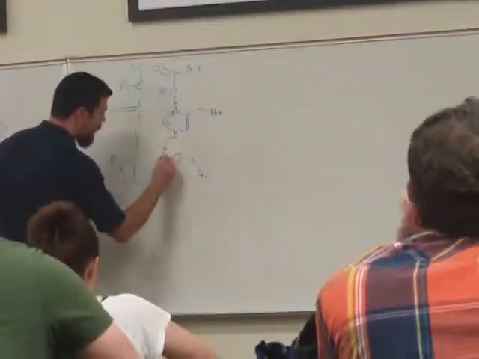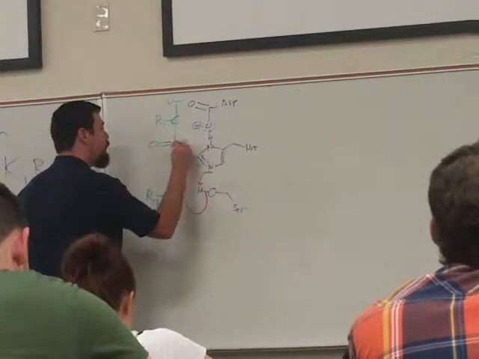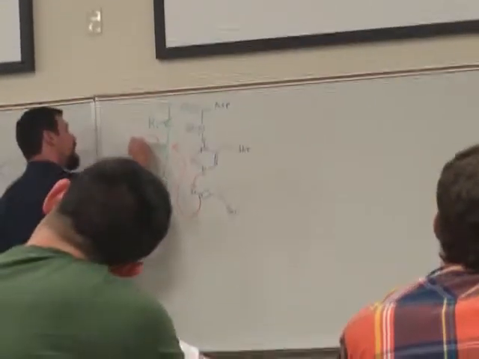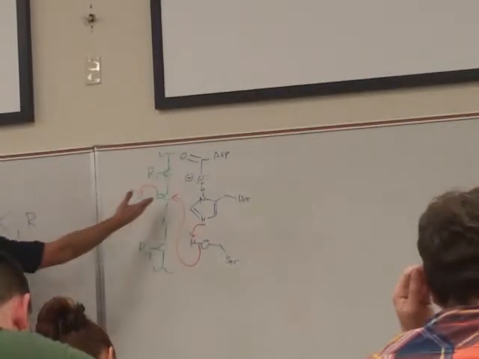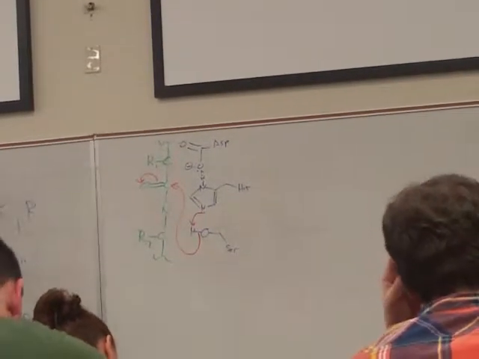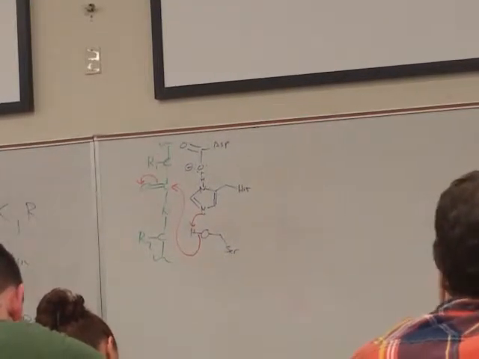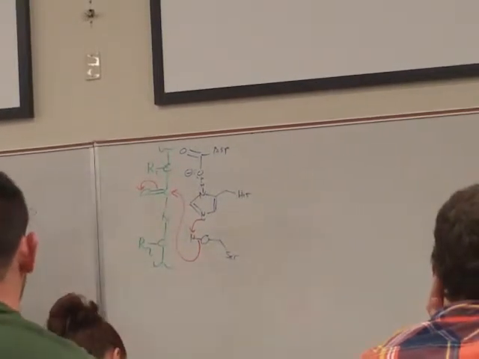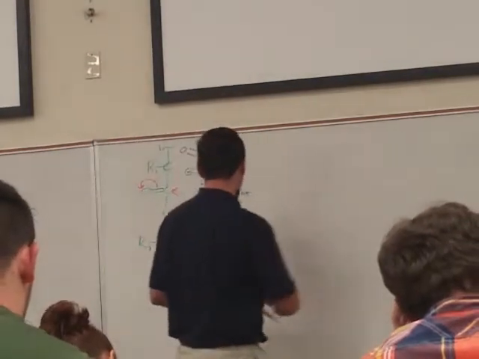Histidine acts as a base, helps convert this to a nice alkoxide, very nucleophilic. And we have this amide bond. This carbon has a partial positive charge, and we've got the electron withdrawing oxygen, more electronegative, so it makes it susceptible to this nucleophilic attack.